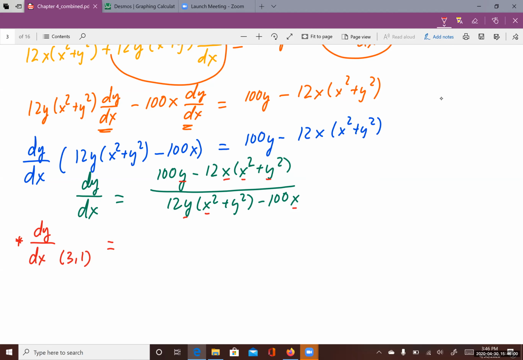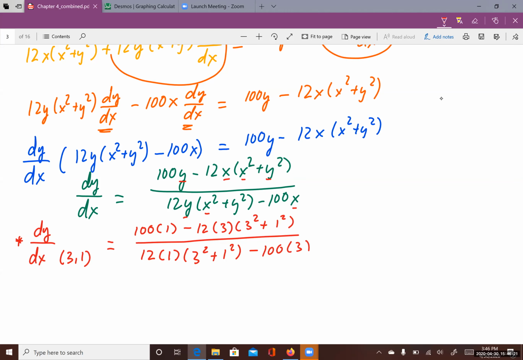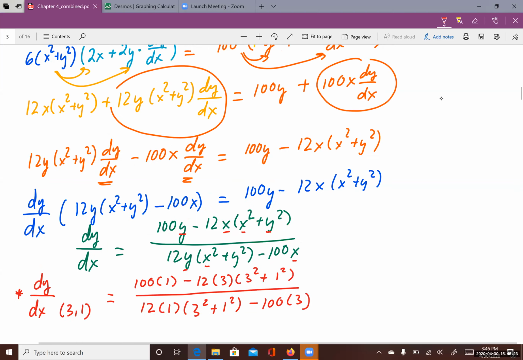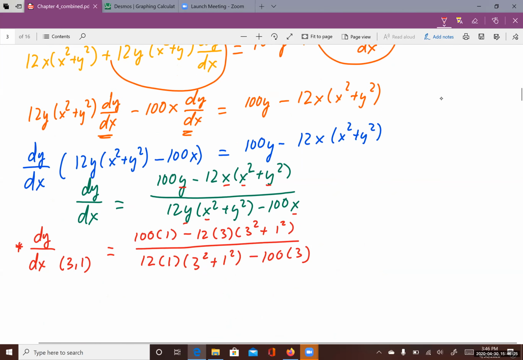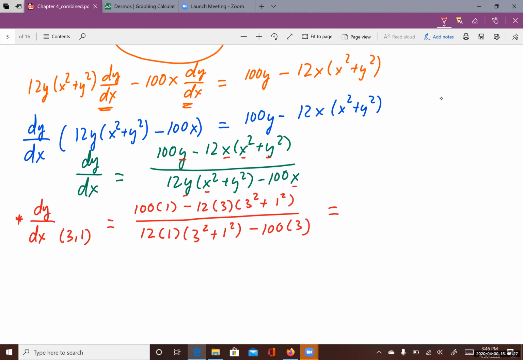So I have 100y, where y is 1, minus 12 times 3 squared plus 1 squared, divided by 12 times y, which is 1, times 3 squared plus 1 squared, minus 100 times 3. Right, (3, 1) is a point. Now I just need to evaluate this derivative.